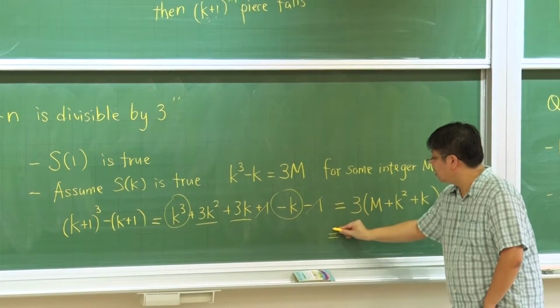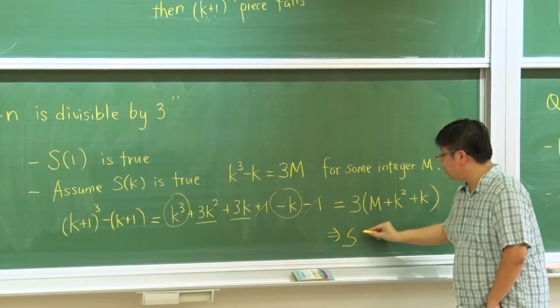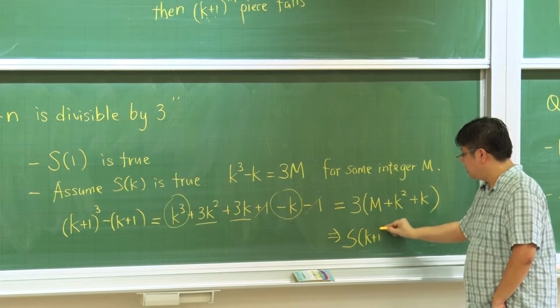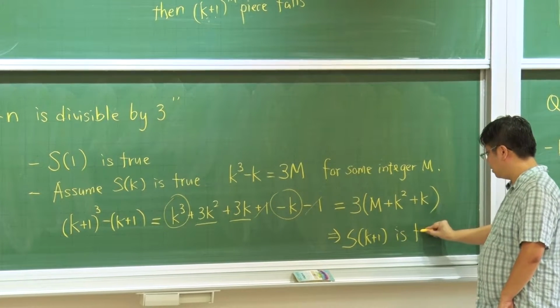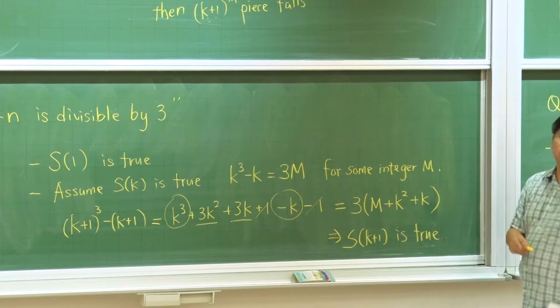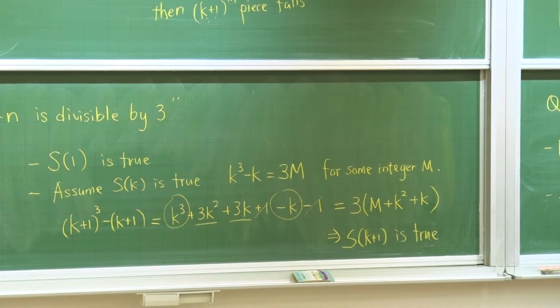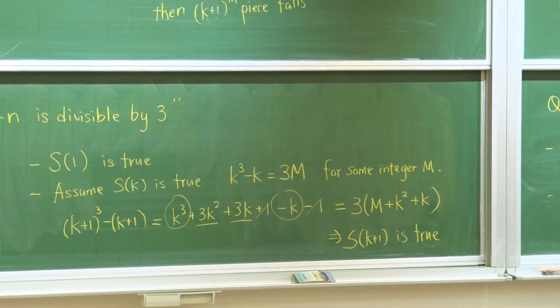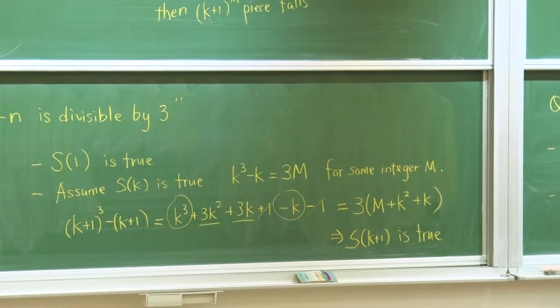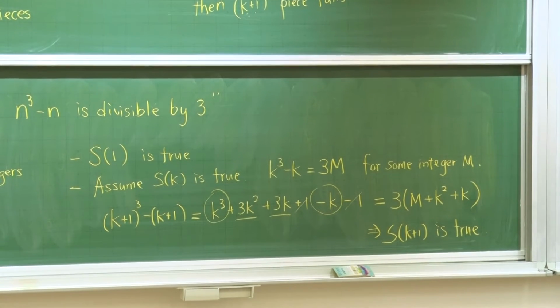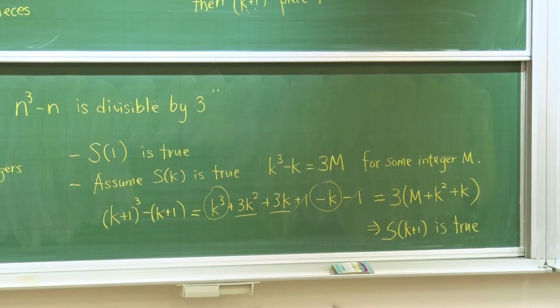So it implies that S(k plus 1) is true. Again, we are using induction, and we prove this argument Sn is true for all positive integers n. If you are okay up to this point, could you please raise your hand? Okay, excellent.